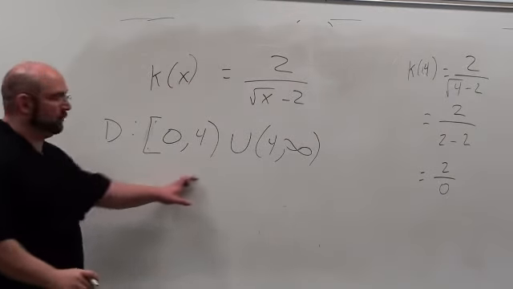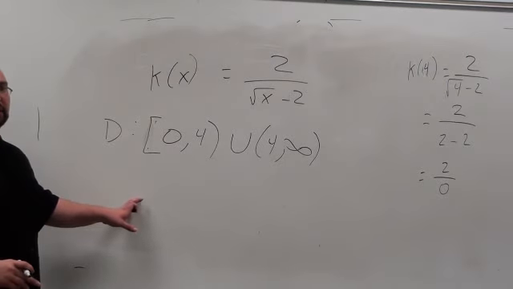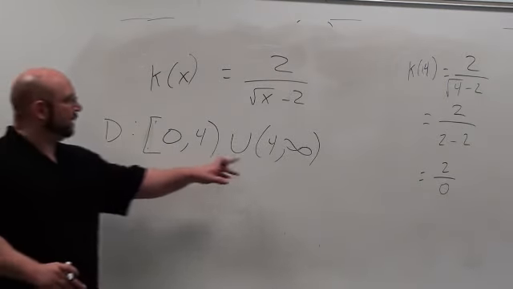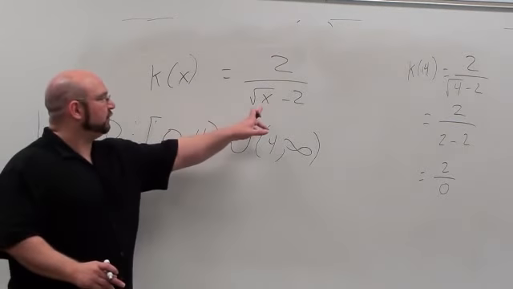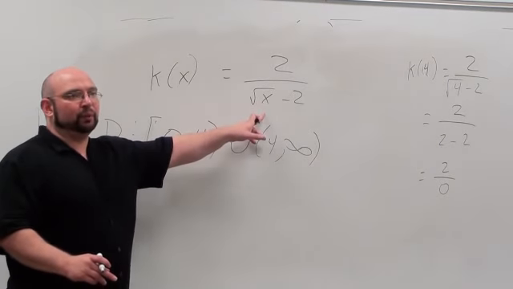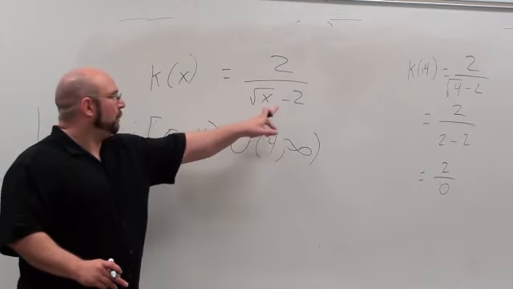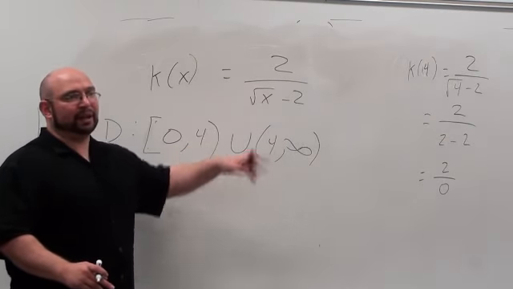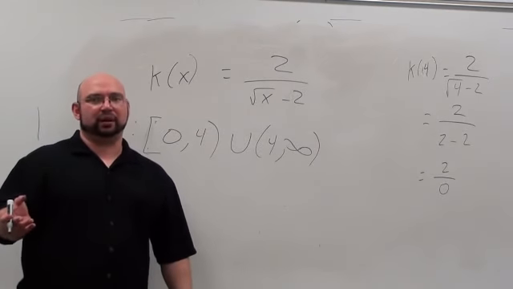So here's our domain for this. All right? So with this, x is going to be positive, and it can't be 4. Because if this was 1, well, the square root of 1 is 1, right? 1 minus 2, negative 1. And 2 divided by negative 1, negative 2. We still have a good value.